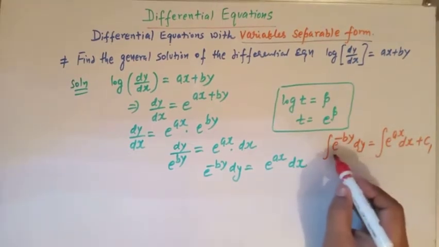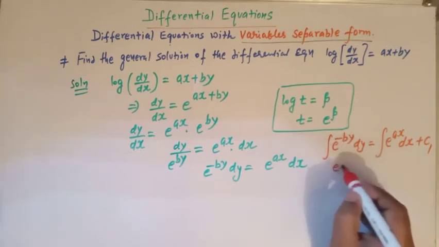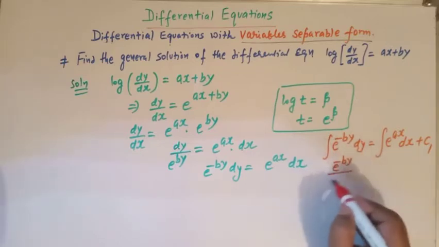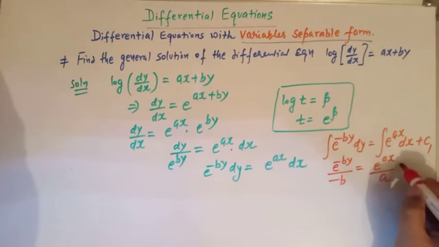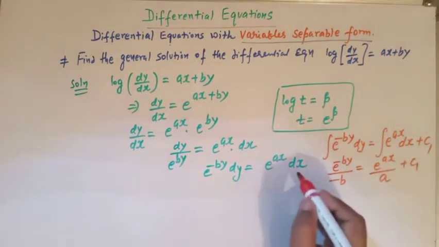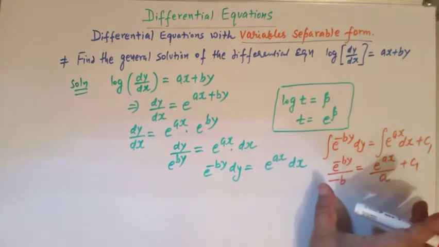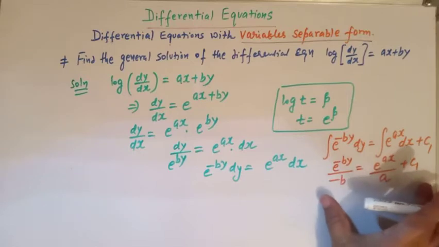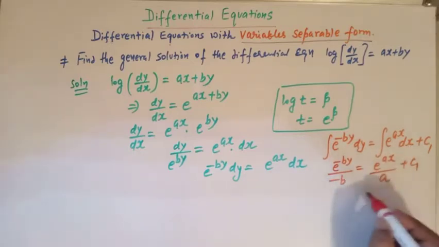Now the integral of e raised to minus by is e raised to minus by divided by minus b, and here we have e raised to ax divided by a plus c1. Clear? Now we can rearrange this equation by multiplying throughout by ab.